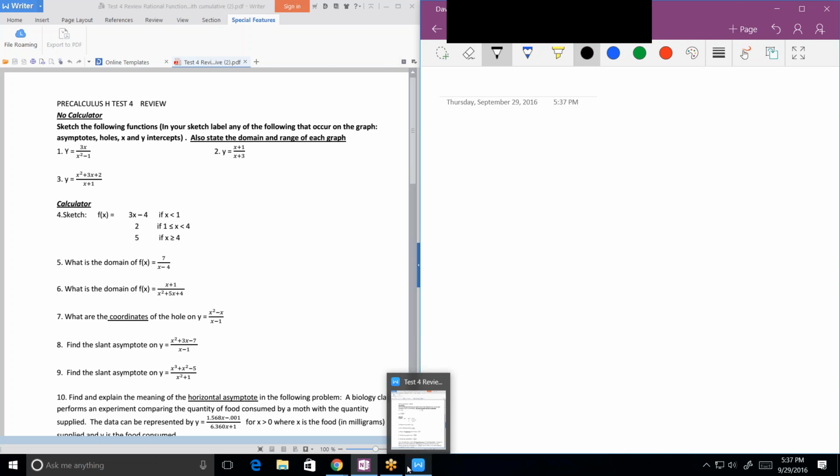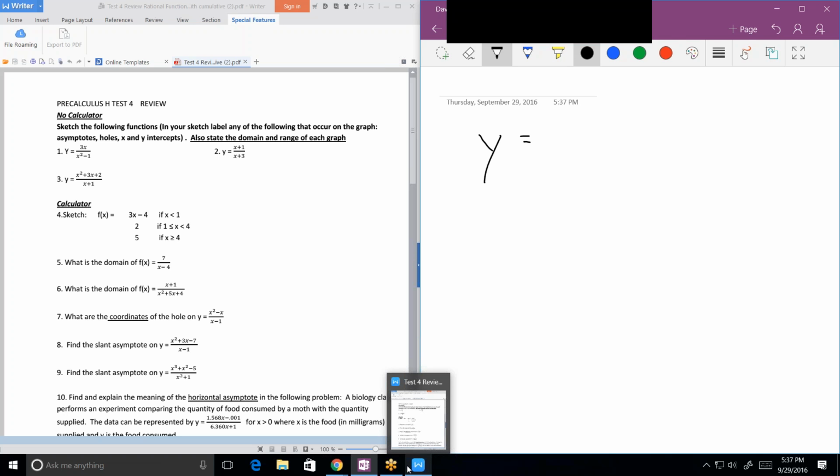All right, what are the coordinates of the hole on number 7? Well, let's start by factoring what we can factor. What's the numerator? I'm not really sure how to factor that, to be honest.